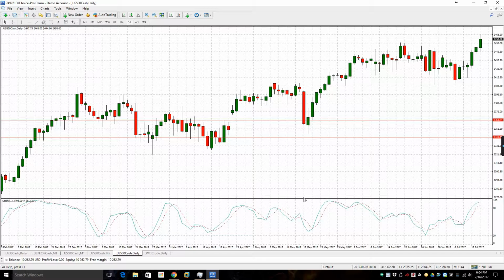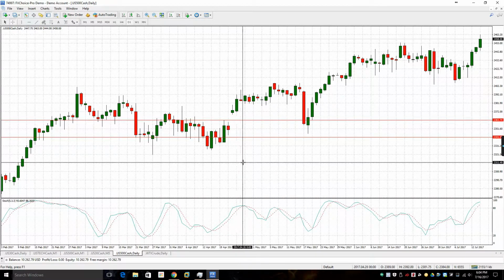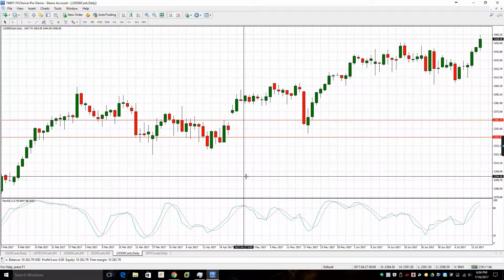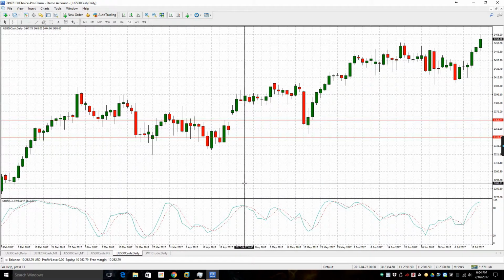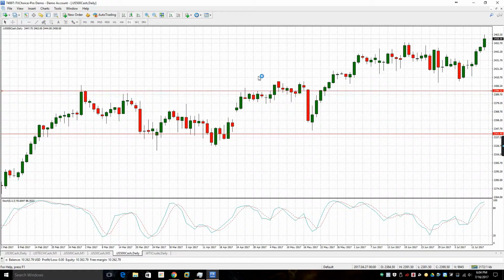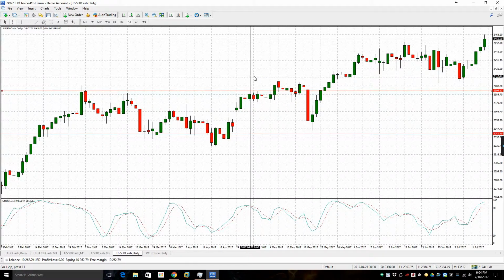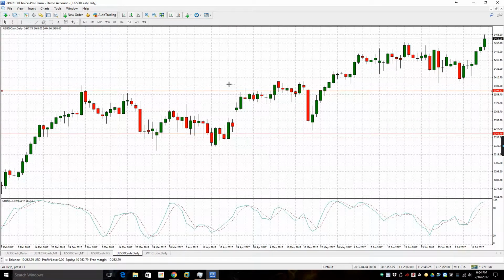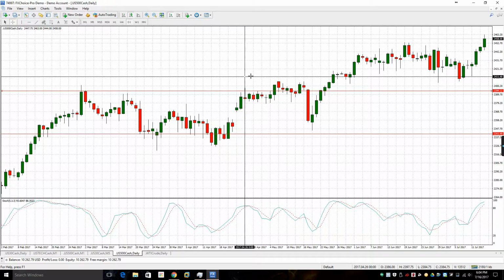I threw stochastics on here just to say I could do the same thing. Now, I wouldn't trade like this, but just as an example, okay, stochastic crossed here on the daily, so let's move my line right there, wherever this crosses. Sorry, I haven't used MetaTrader in a while.